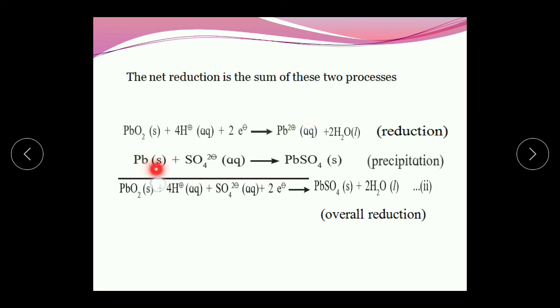Here it should be Pb plus 2, because this Pb plus 2 reacts with SO4 minus 2, so Pb plus 2 will be cancelled. So then what remains? PbO2 plus 4H plus 2 electrons plus SO4 minus 2 is written on the left side. On the right side, Pb plus 2 is cancelled and what remains is PbSO4 plus twice H2O. This is the second reaction. This is the overall reduction. So overall oxidation and overall reduction will give you the net cell reaction.